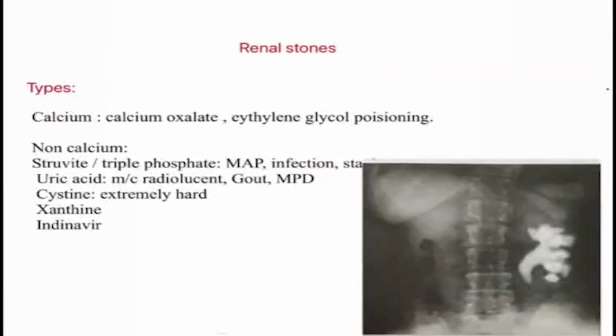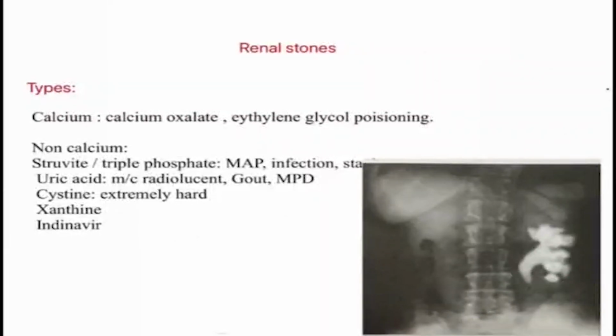Fourth, when the ureter enters the bladder wall. And fifth, narrowing is at the ureteric orifice. So at these points, stone is more likely to get impacted. First and second are called proximal, and last three are known as distal impaction of stones.